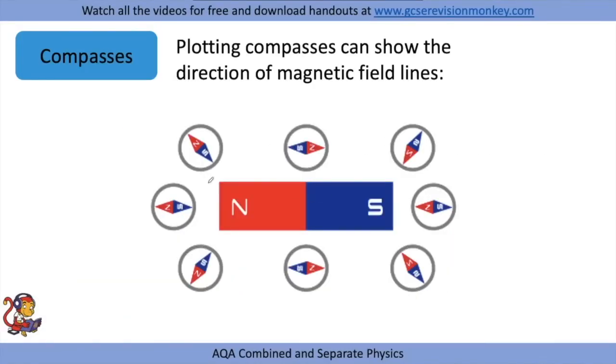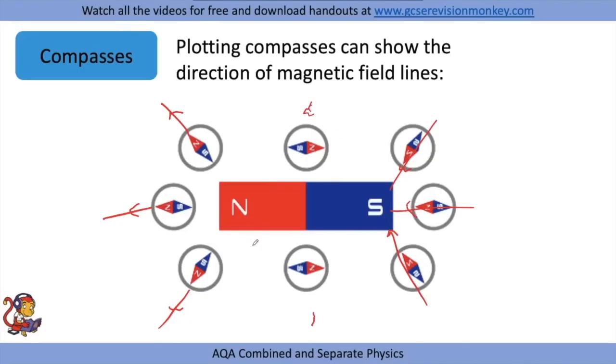So if we put the plotting compasses around, you can see at this North Pole here, you've got the north part of the magnet being repelled and facing away, so that's going in this direction, out from the north. And at the South Pole, the north is attracted to the south, so that's going in towards the south. And then around the outside, you've got these plotting compasses here and here.